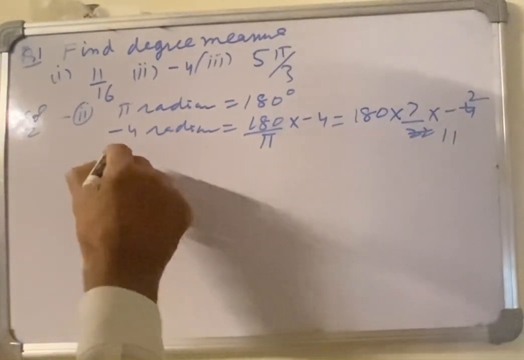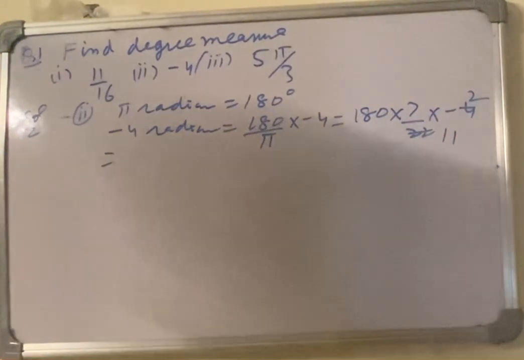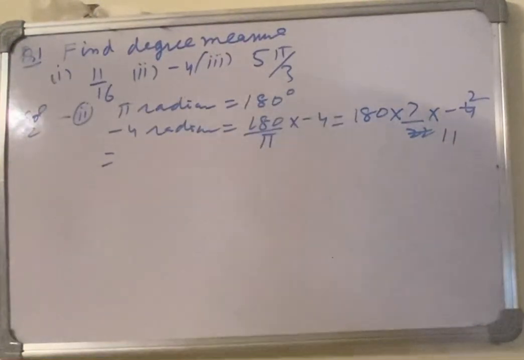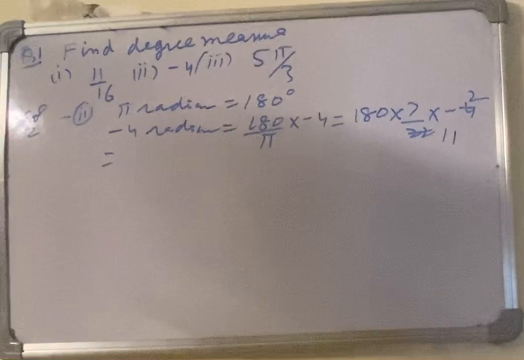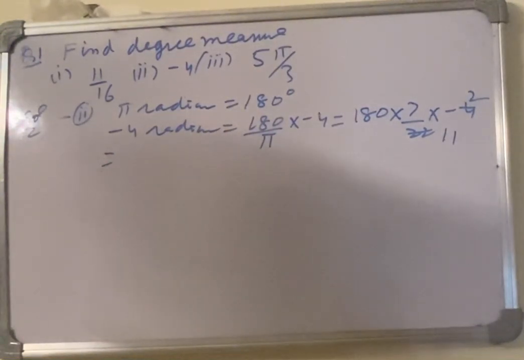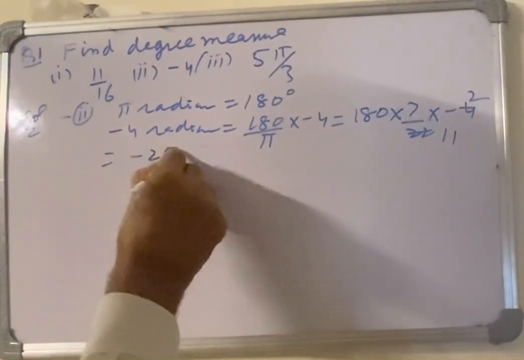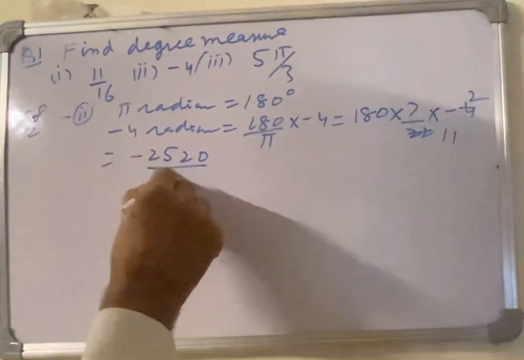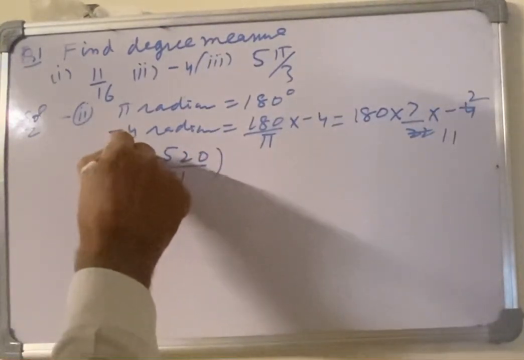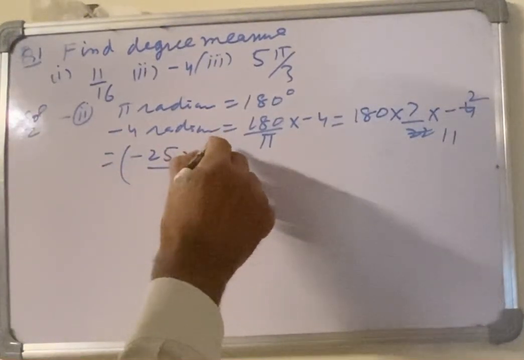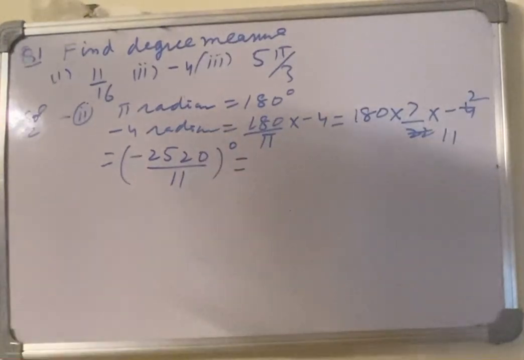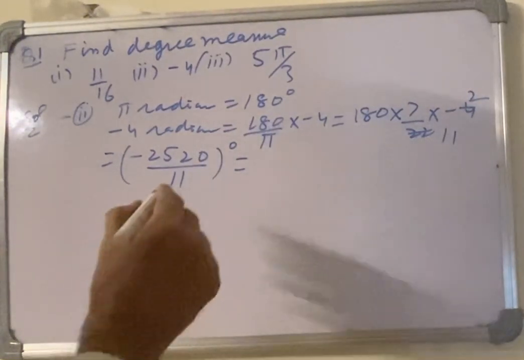This will be minus 2520 over 11 degree. We shall convert this into mixed fraction by dividing.